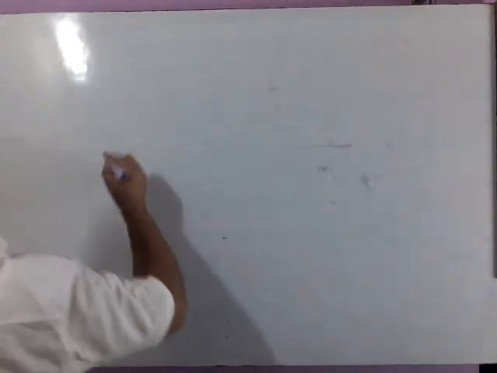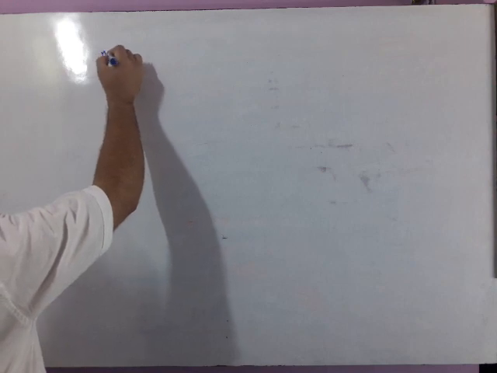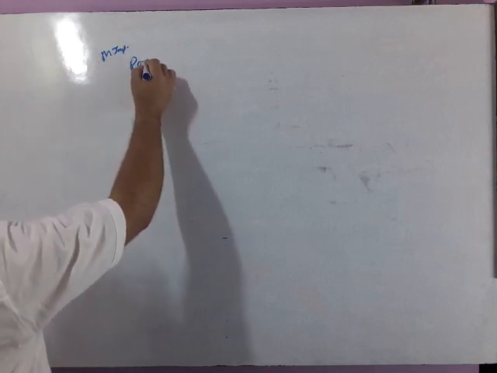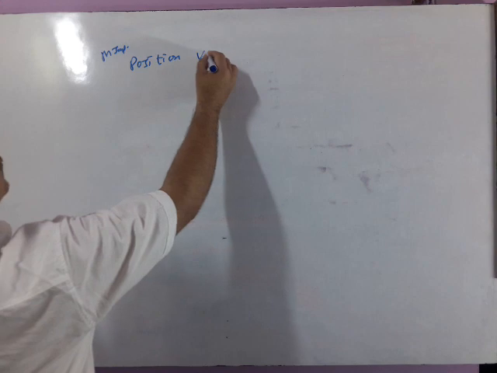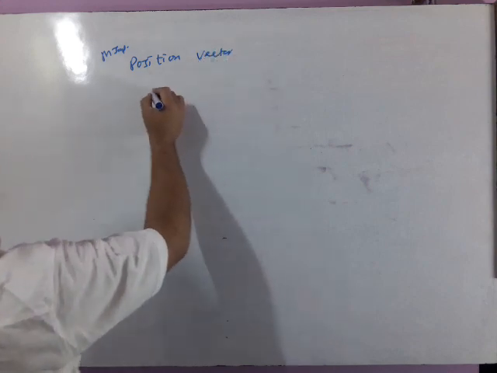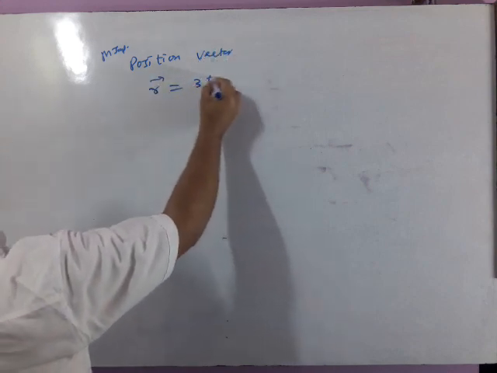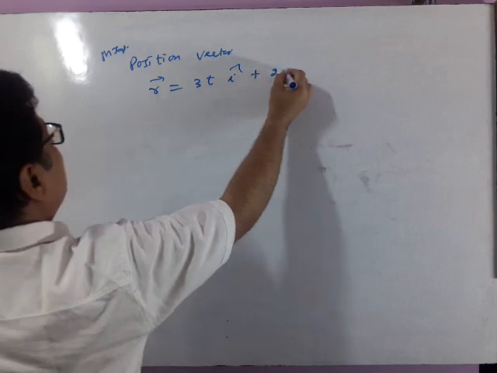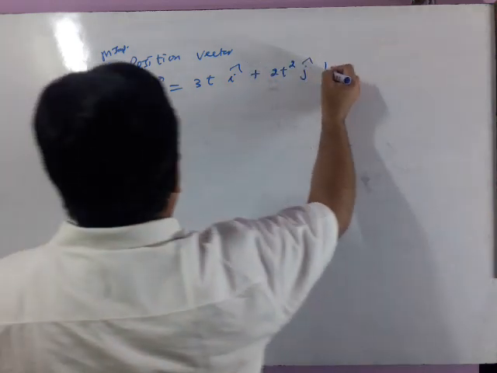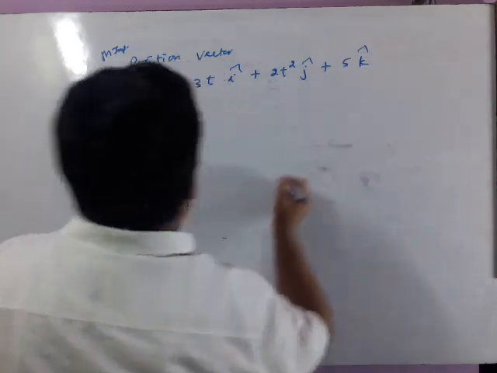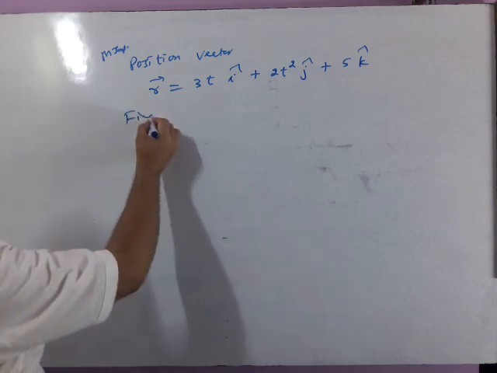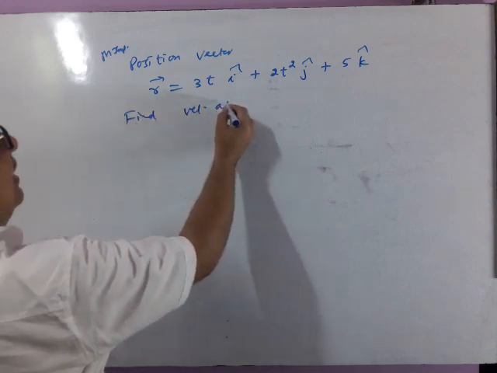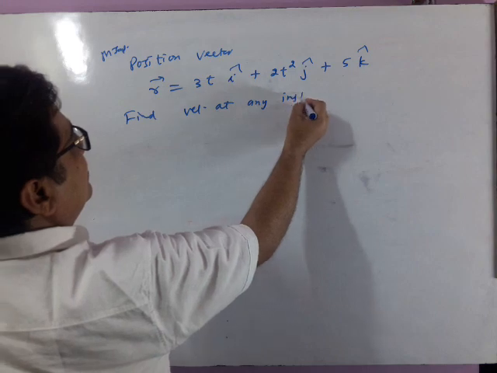See, if I give the same numerical in vector form, this is most important. The position vector of a particle is given as 3t i cap plus 2t square j cap plus 5k cap. Find velocity at any instant.